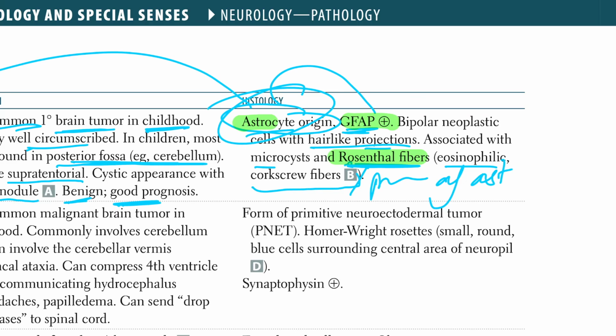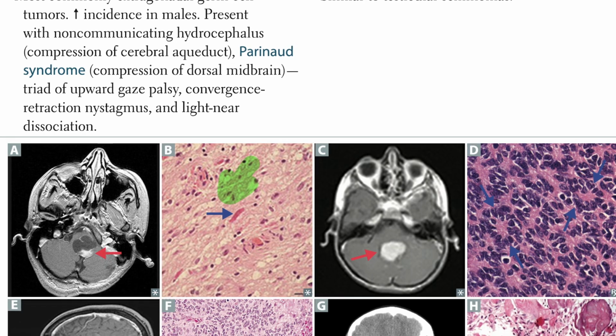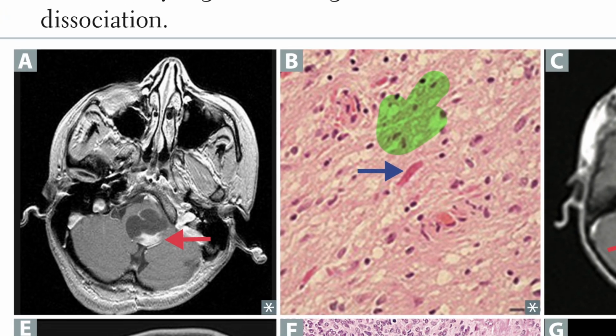That's the mural nodule. Let's take a look at picture A. If you take a look at picture A, it's a cystic lesion with a nodule growing on its wall. It's mural. You see, you have a cyst and then something is growing on top of this white surface.